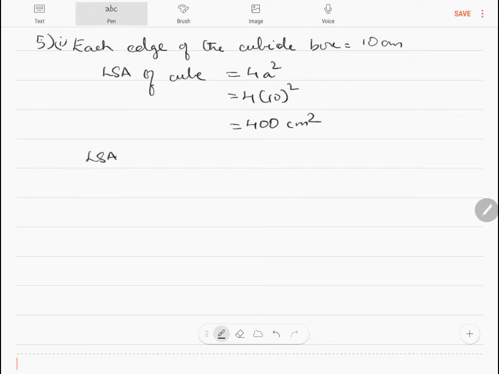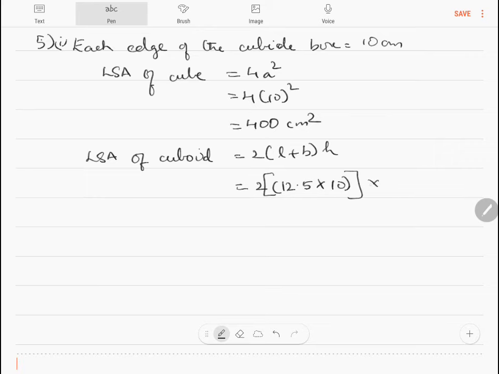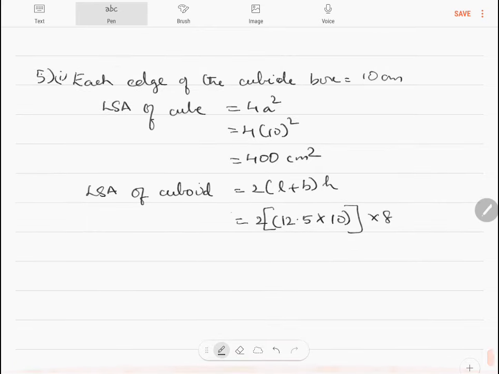Now we have to find the LSA of the cuboid. The formula is 2 into L plus B into H, which is 2 into 12.5 plus 10 into 8, which is equal to 360 centimeter square.